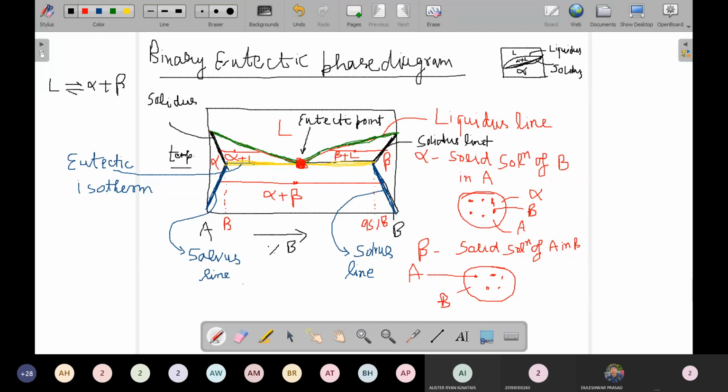Now, whatever formulas or techniques we used to find the composition and amount of phases in the binary isomorphous system, the same concept can also be applied over here to find the composition of phases and also the amount of phases. Before moving forward, let me ask you a question. In order to calculate the amount of phases present in a region, which rule is used?